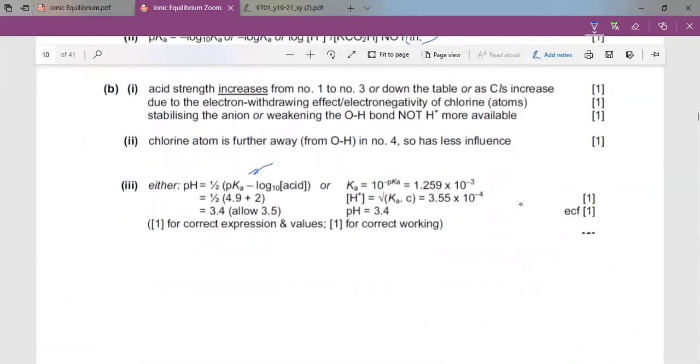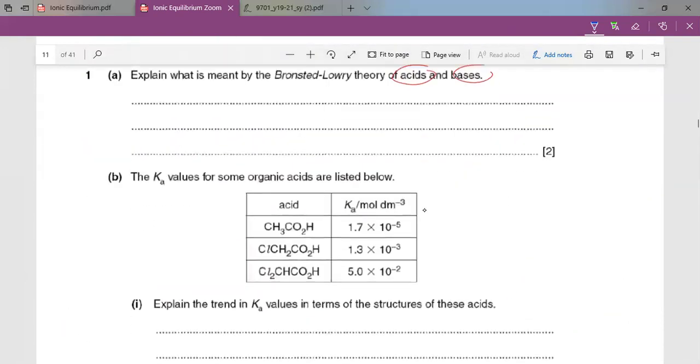Or you can use this one here: this is pKa, remember? pKa equals minus log base 10 Ka. You just reverse it, substitute that, and do it all again. Either way, correct. Which one you prefer is up to you. Okay, next one.